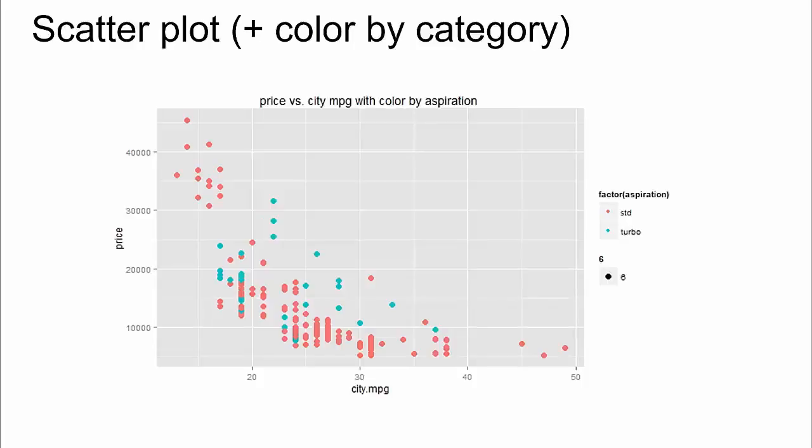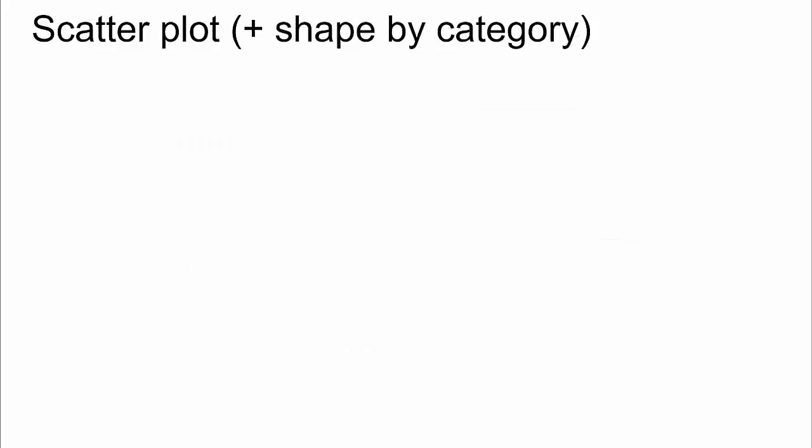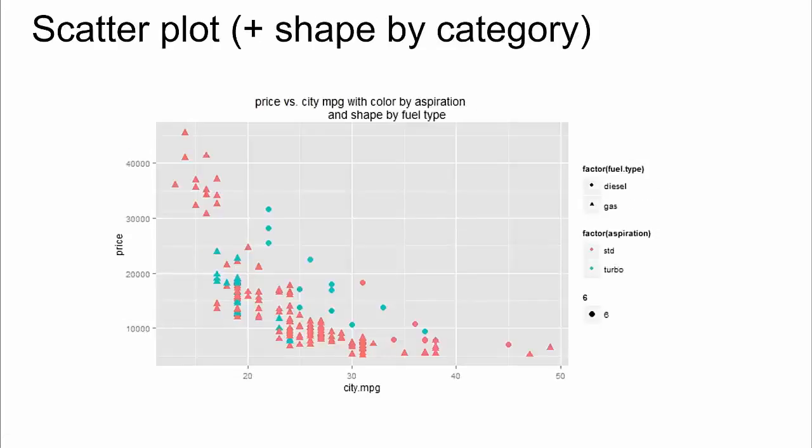But maybe something. So let's add another aesthetic. Let's add shape here. In this case, the shape is a round, or sort of almost a diamond, for diesel and a triangle for gasoline engine. And again, the color red for standard and this kind of greenish for turbo.